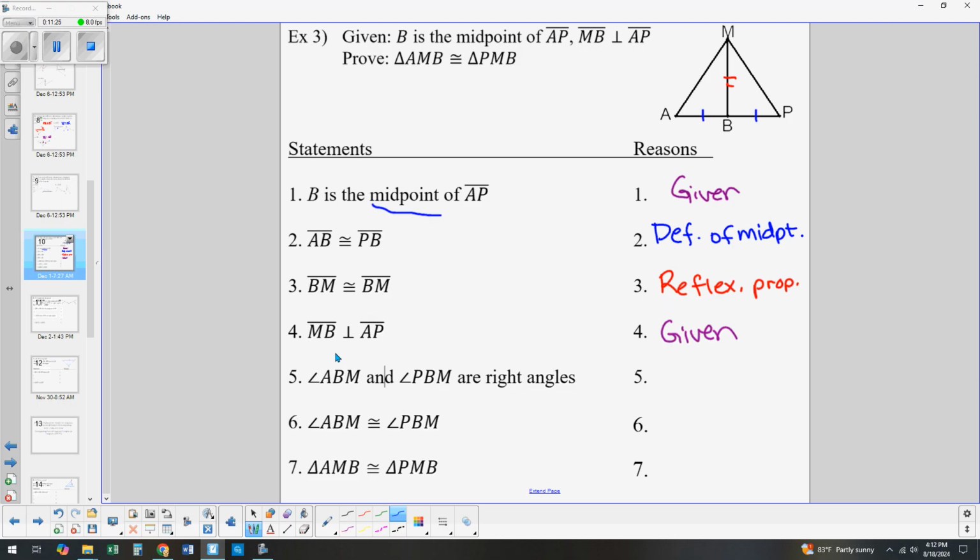Then I have that MB was perpendicular to AP, and after that, I'm calling the two angles formed by those perpendicular lines right angles. That is actually the definition of perpendicular. What it means to be perpendicular is that it forms right angles. And this one is one that we haven't used much, but it is something we learned.